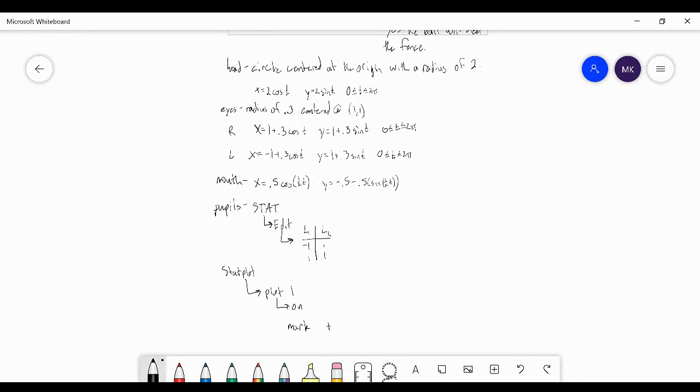For our left eye, it's negative 1 plus 0.3 cosine t and 1 plus 0.3 sine t. The mouth is 0.5 cosine of 1/2 t, and our y value is negative 0.5 minus 0.5 sine of 1/2 t. Okay. Have all of those in there.